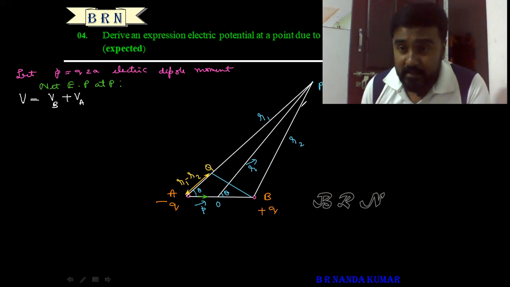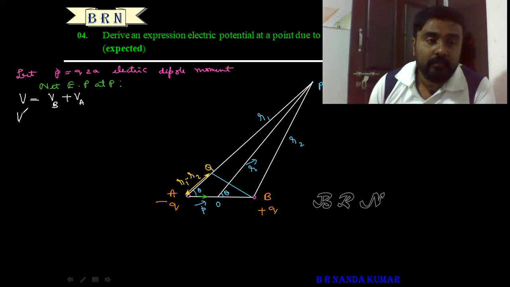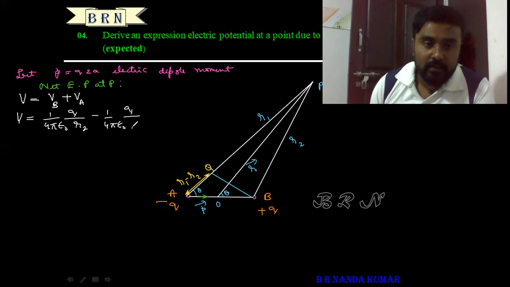To find it, use the formula for electric potential due to a point charge, 1 by 4 pi epsilon naught Q by R. So V equals VB positive, 1 divided by 4 pi epsilon naught Q divided by R2, and VA negative, minus 1 divided by 4 pi epsilon naught Q divided by R1. So V equals Q divided by 4 pi epsilon naught, taken as common, 1 by R2 minus 1 by R1.